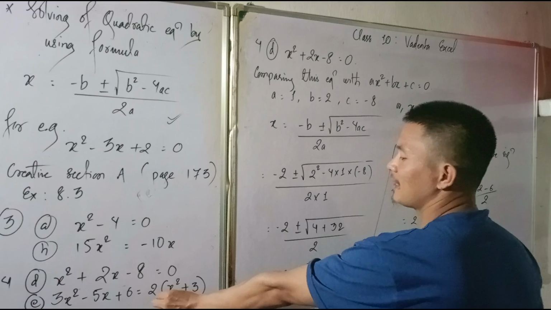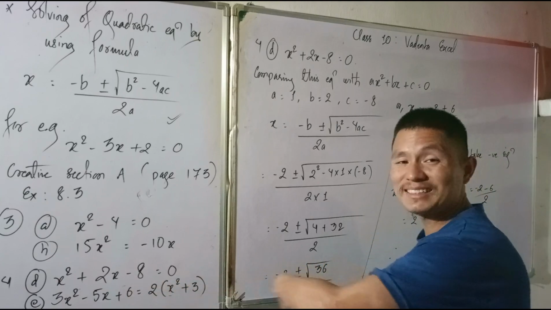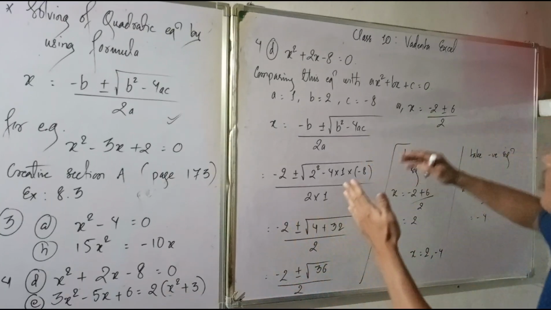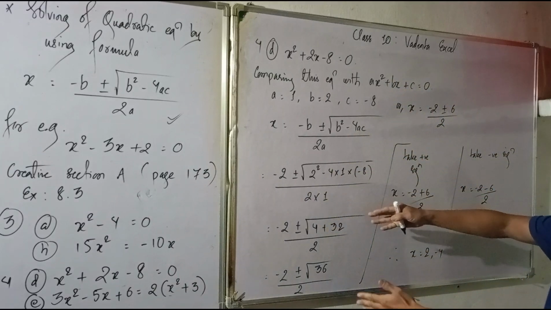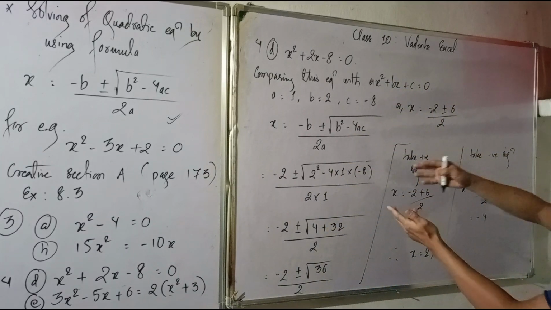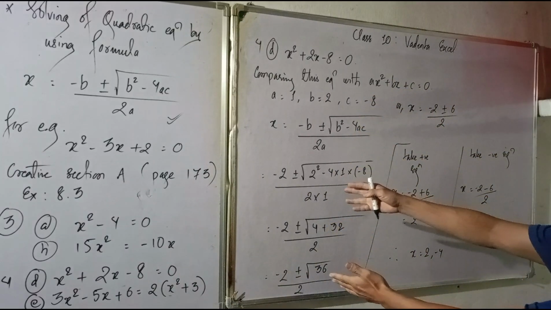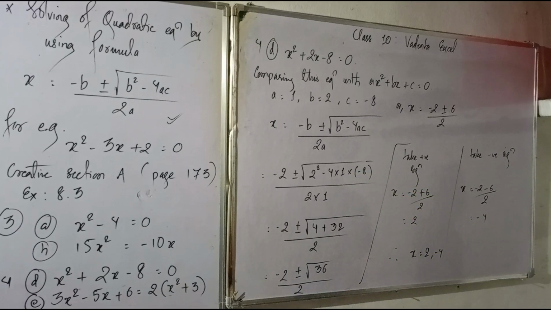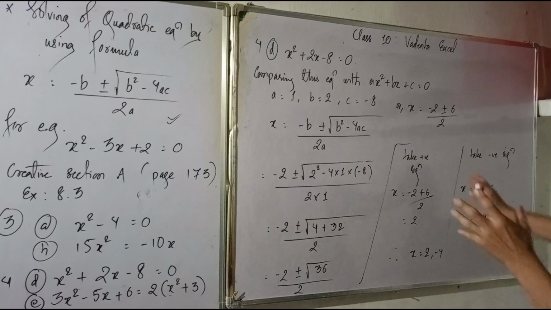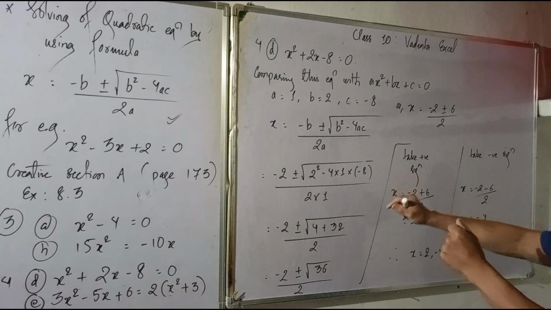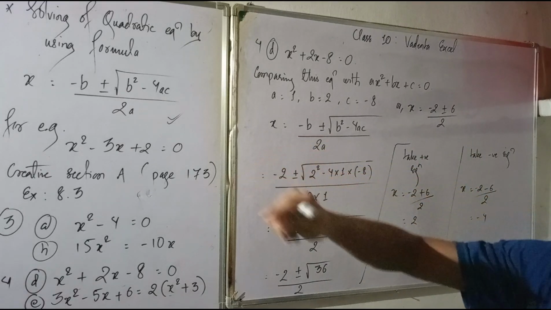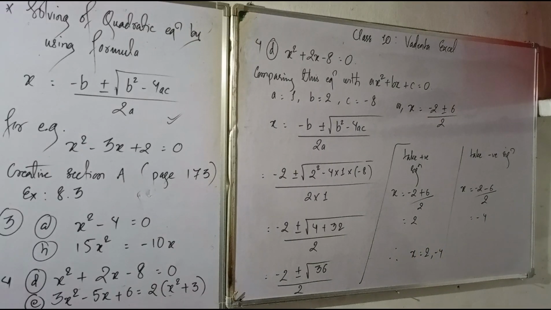Open the bracket, multiply the right hand side by 2, and move all the like components to the left hand side. Then operate the like terms, and after that we will do it by the same method as before.